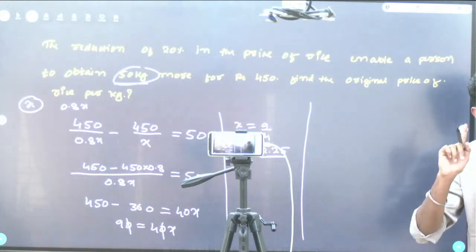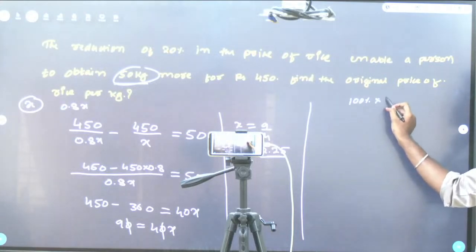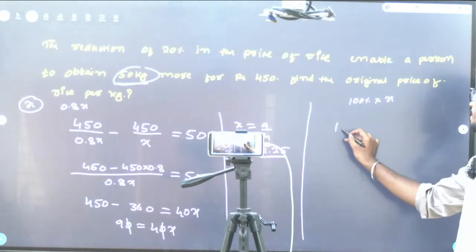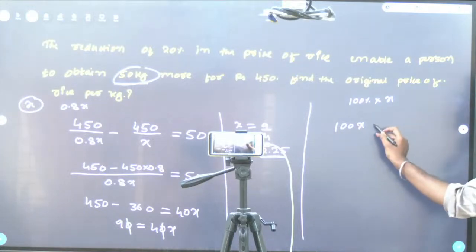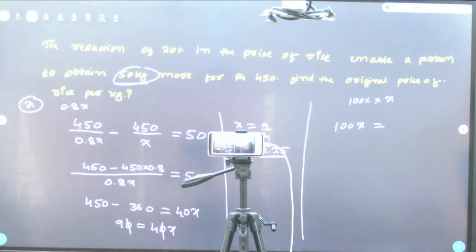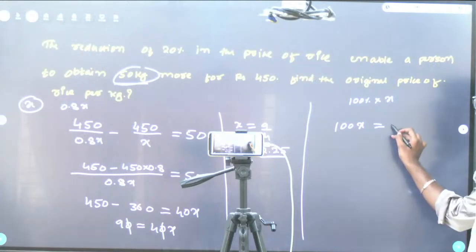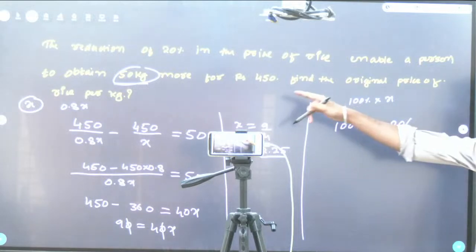Initial price is 100%. Take 100% and per kg x rupees. Per kg x rupees means total is 100x. Now 20% reduces, so how much is he paying? 80%. When he pays 80%, how much extra does he get? Rice, 50 kg extra.